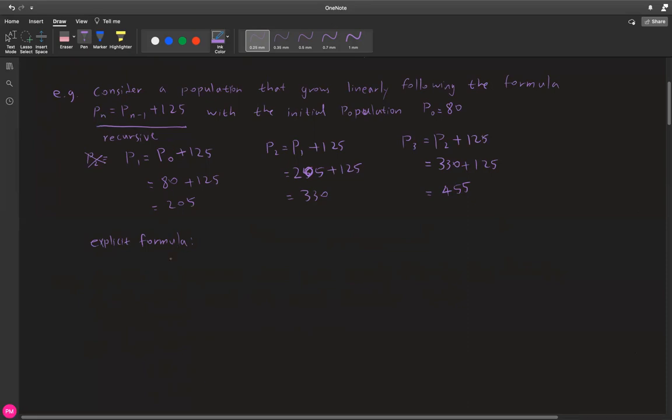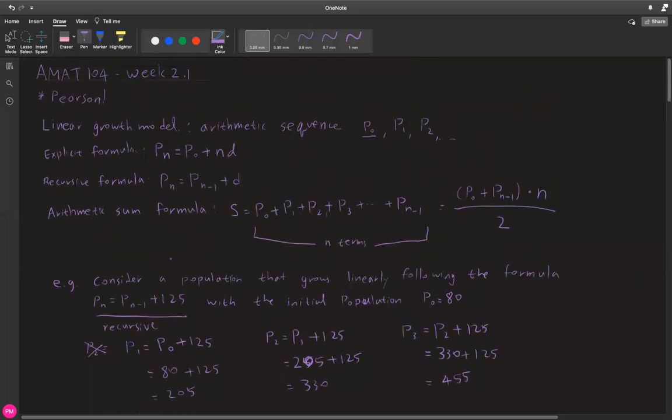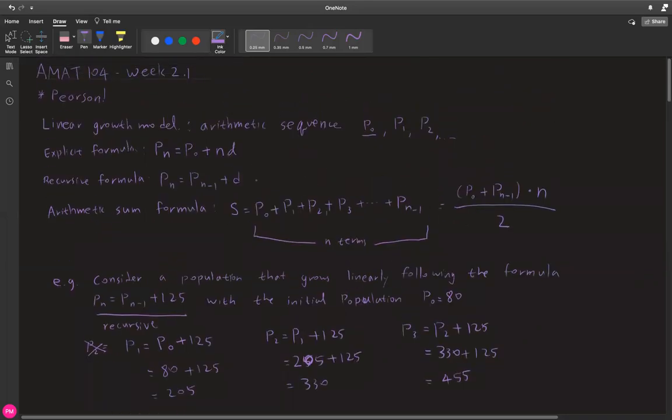From up here, in the beginning, we have defined that this is the recursive formula and this is the explicit formula. So P sub n for the explicit formula is simply using the initial population and adding it by the product of n and the common difference.